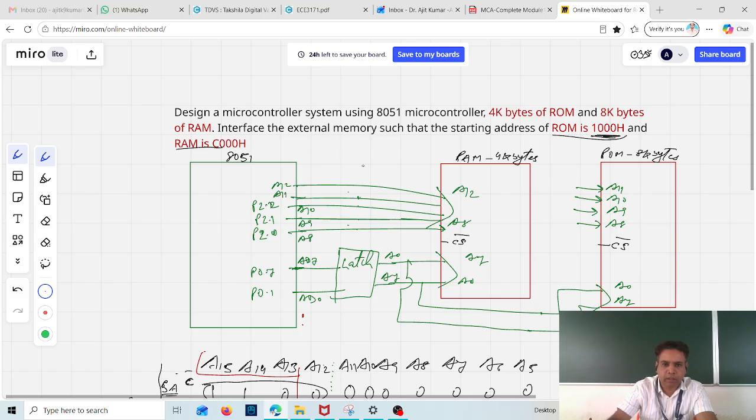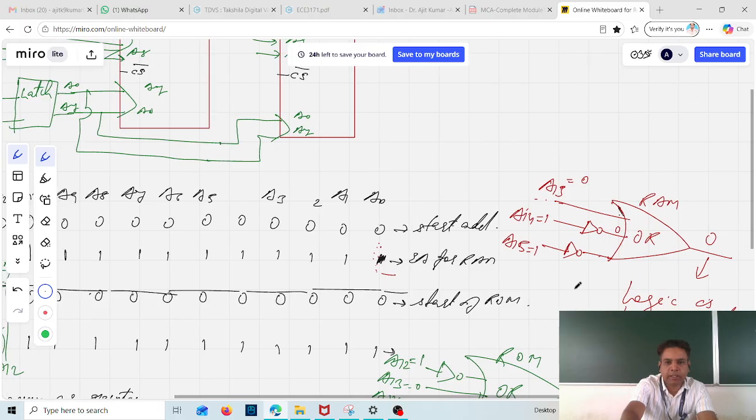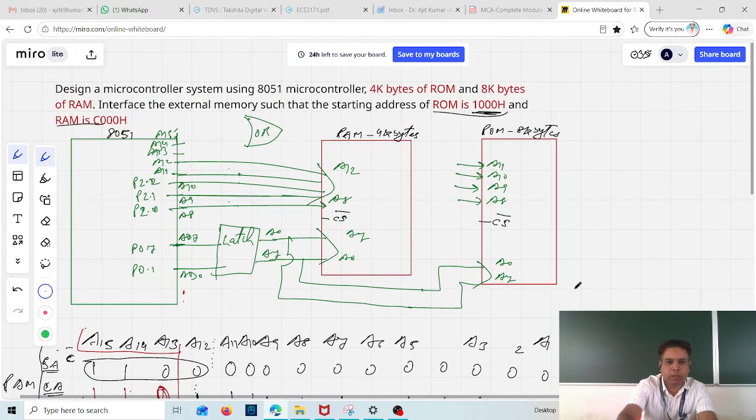For the RAM, you can connect A13, A14, A15 here. They are going to be connected directly. Now recall what we have drawn for the RAM. A13 was directly connected and 14, 15 are connected through the OR gate.